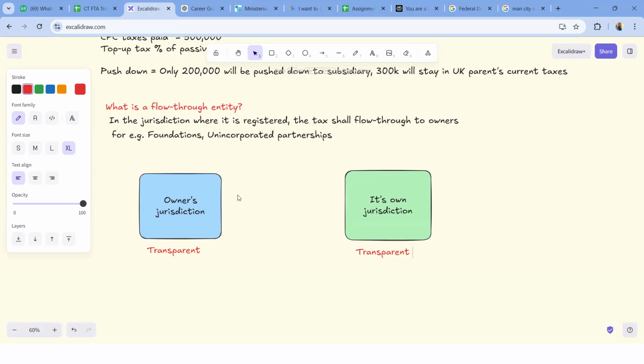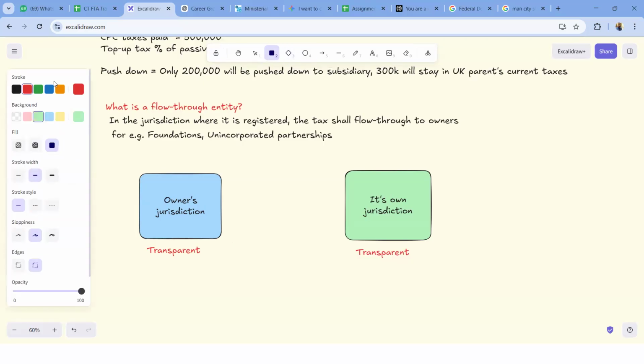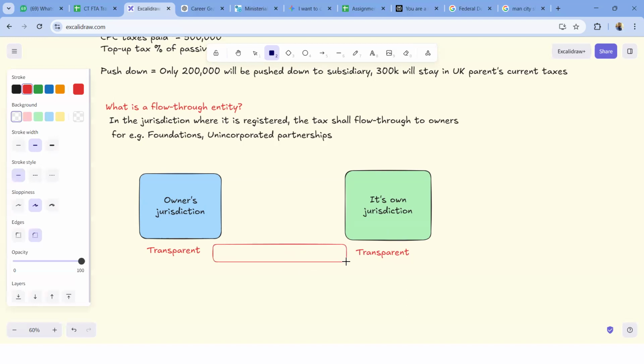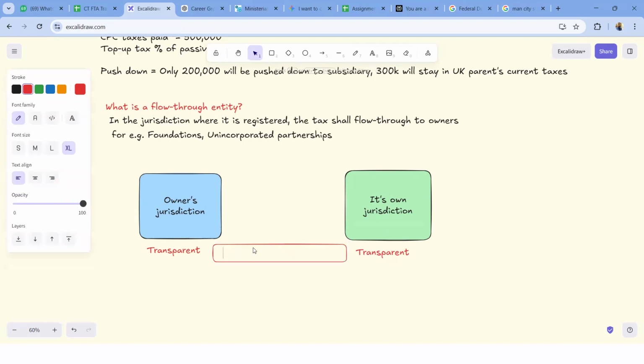So, in case it is both transparent, then the owner pays on ownership share.